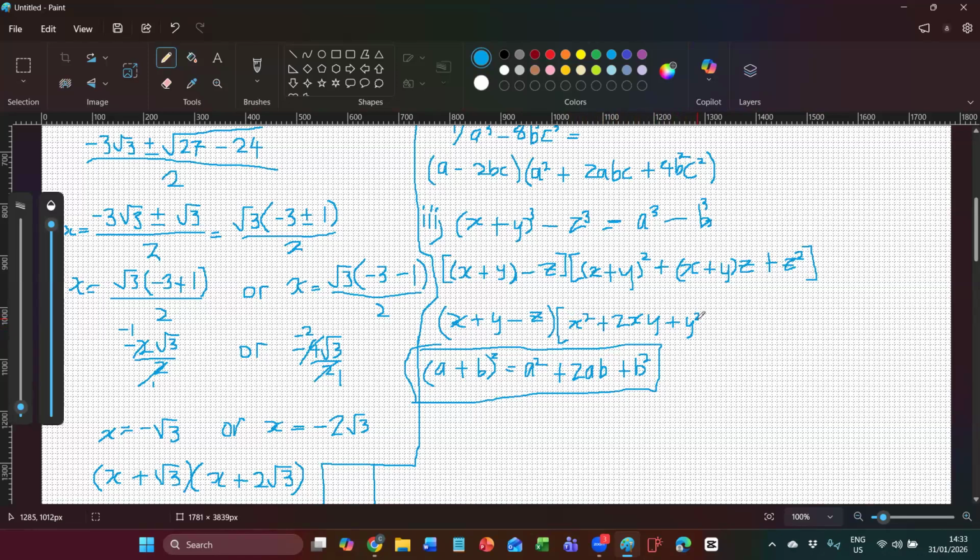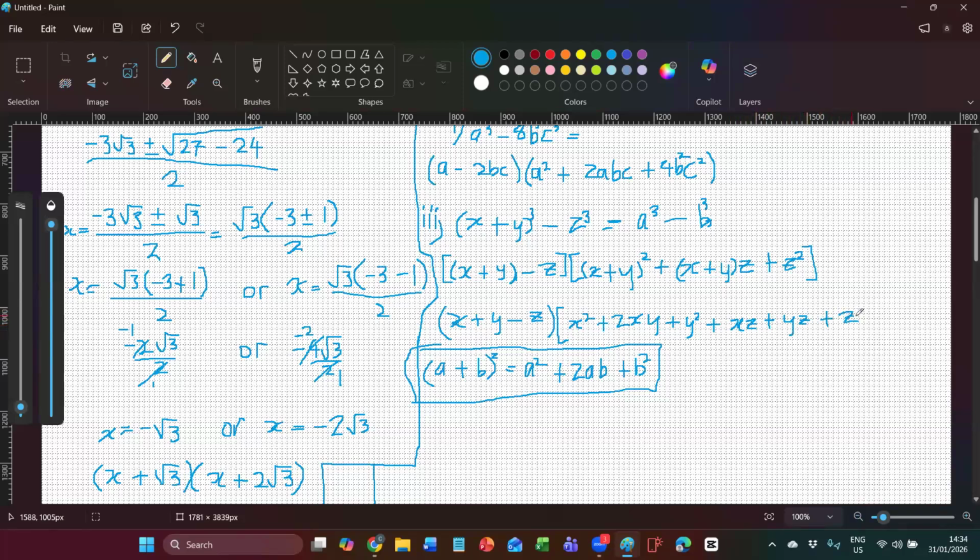And then if we take it further, the next one is x plus y times z. So that's going to be xz plus yz, and then we now have plus z squared.